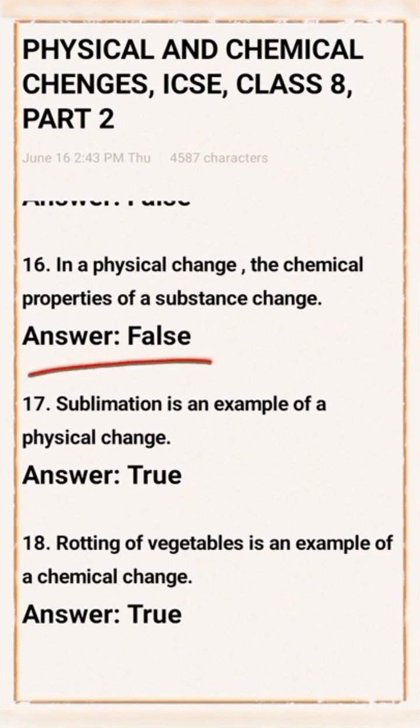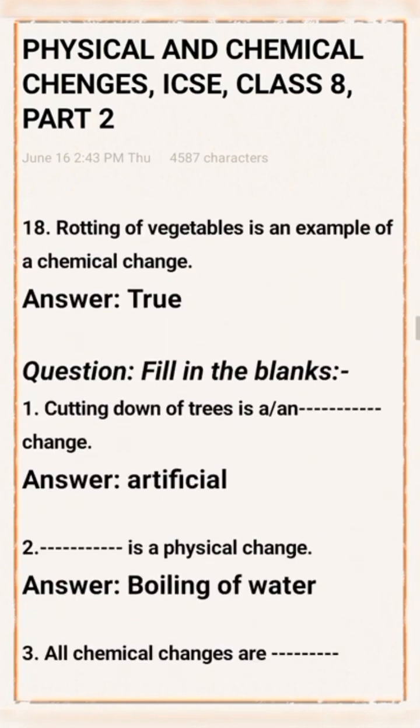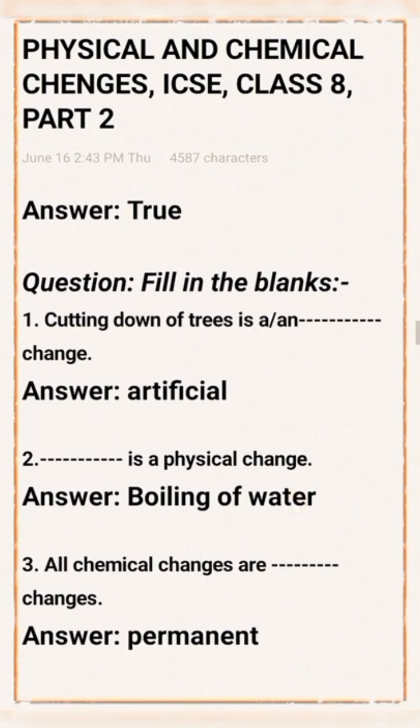Next question number 17. Sublimation is an example of a physical change. This statement is true. Next question number 18. Rotting of vegetables is an example of a chemical change. This statement is true.